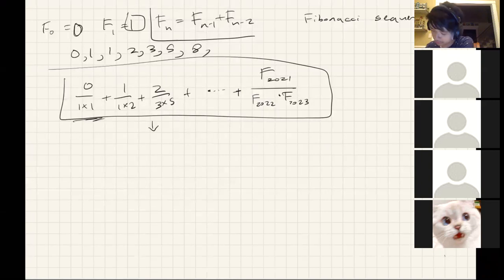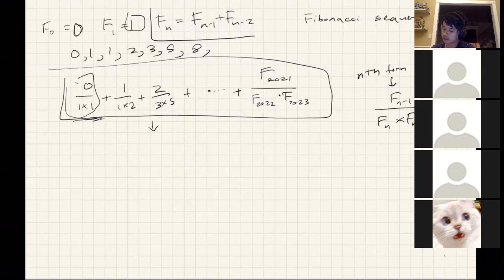In general, if you didn't pick up on the pattern yet, the nth term in the sum is going to look something like this, and there's going to be 2022 terms in the sum clearly. But anyways, we have this term right here. So how do we make this term telescope, right? That's a little bit puzzling.